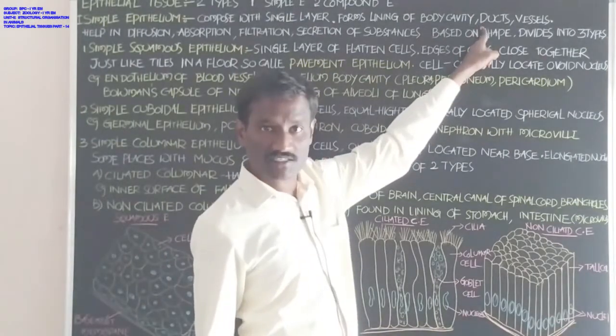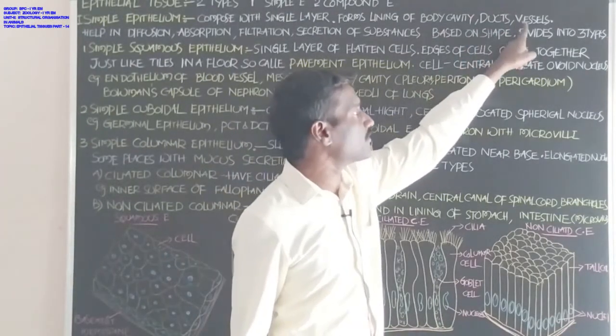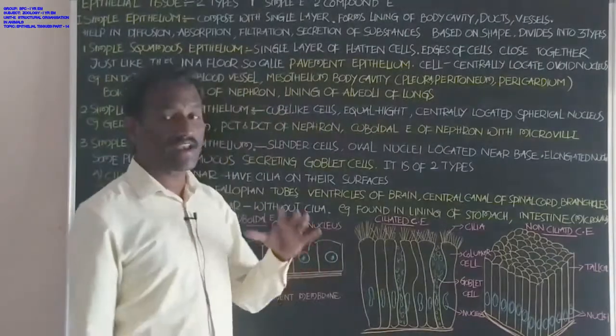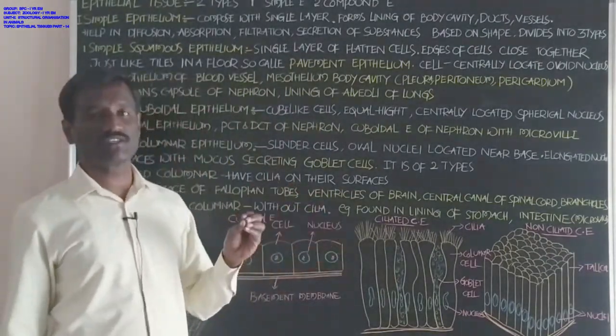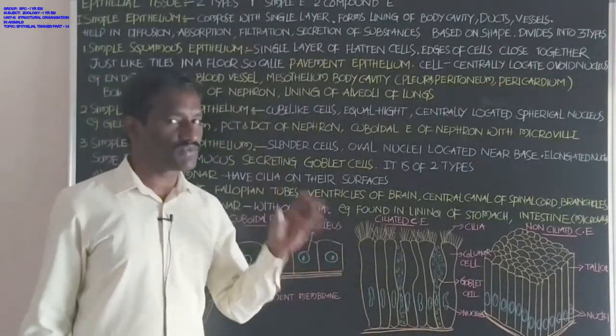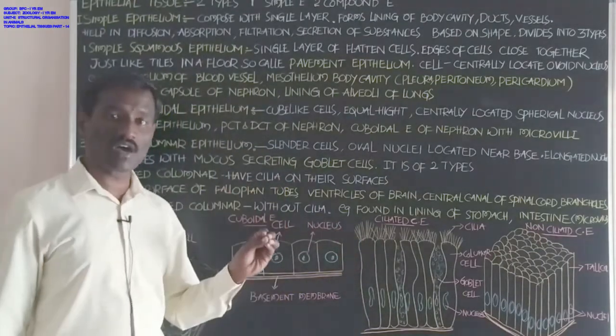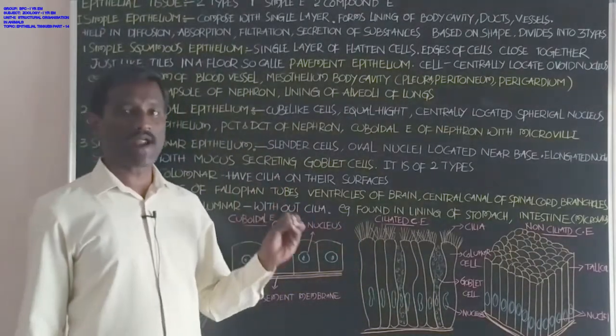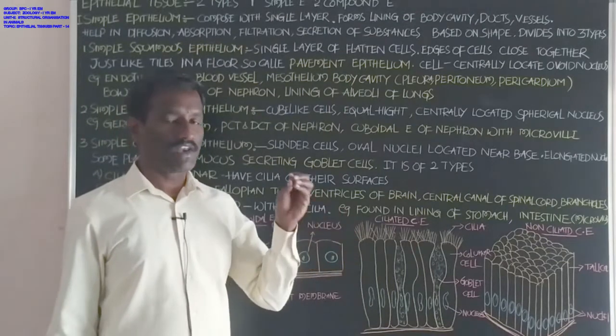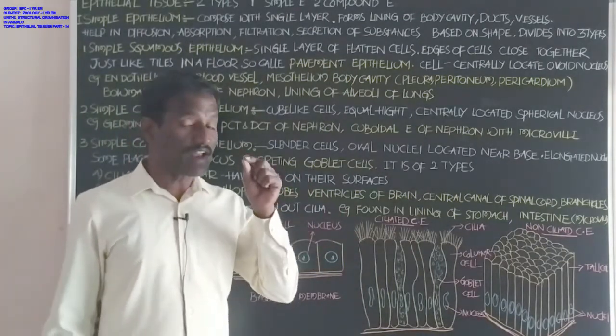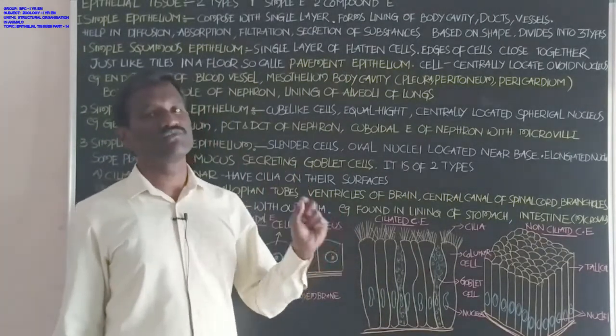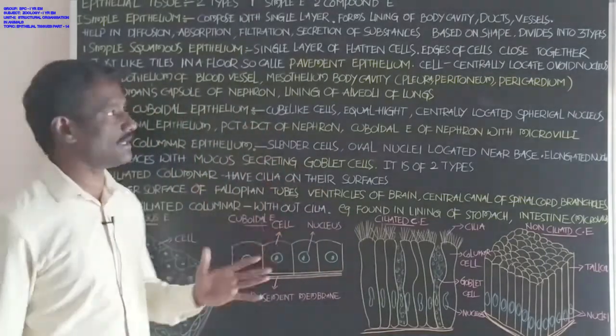Ducts are lined by simple epithelium, and so are vessels. Students, the lining of the vessels: vessels means blood vessels or lymph vessels that allow the circulation of blood and lymph. The lining of the blood vessel and the lymph vessel is also simple epithelium.